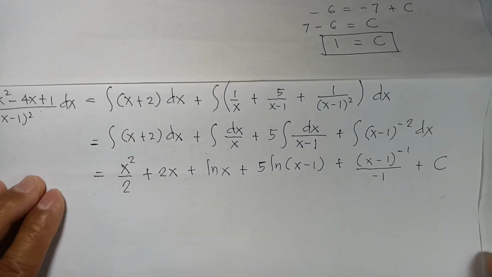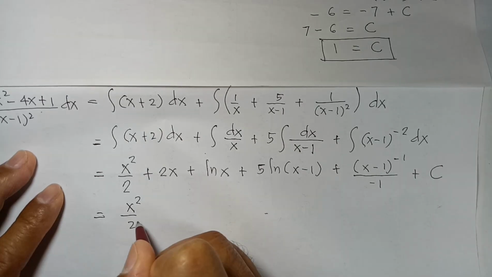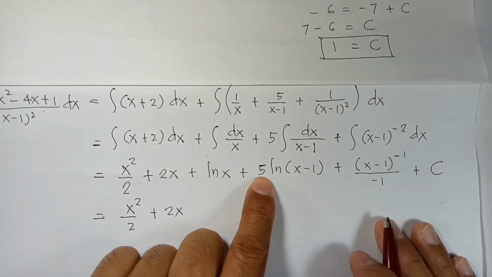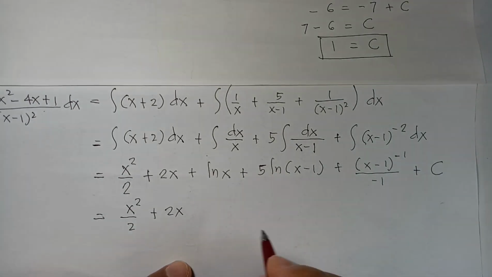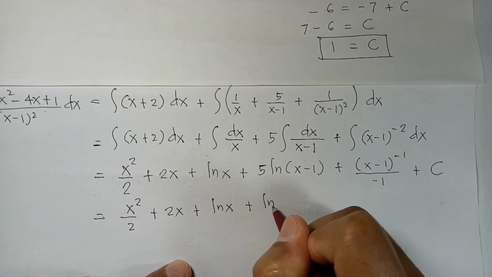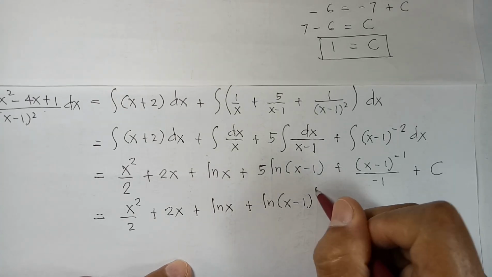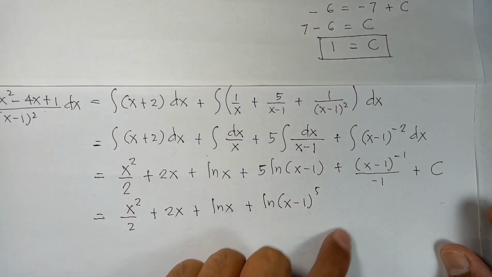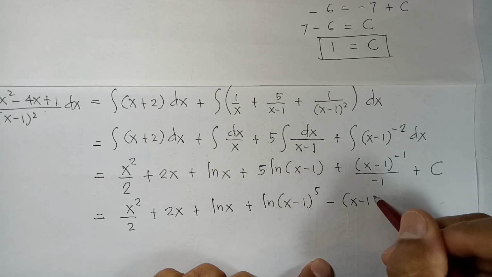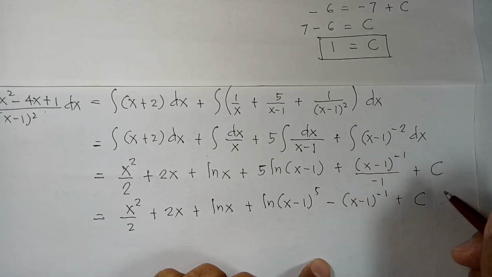So we will have x squared over 2 plus 2x. Here we apply the logarithm of a power: plus ln of x plus ln of x minus 1 raised to 5. Positive divided by negative 1 is negative, so x minus 1 raised to negative 1, and then plus c.